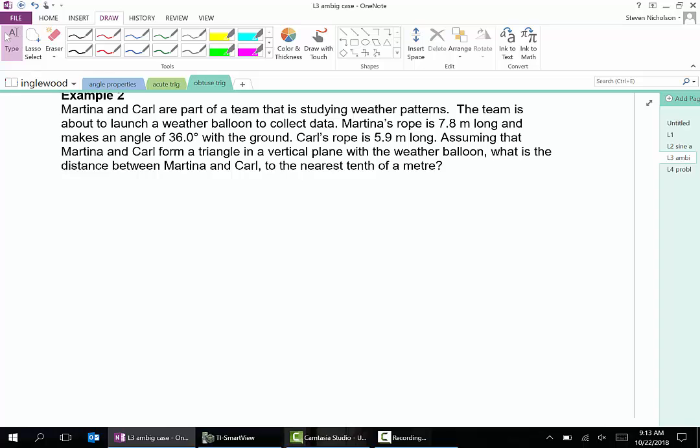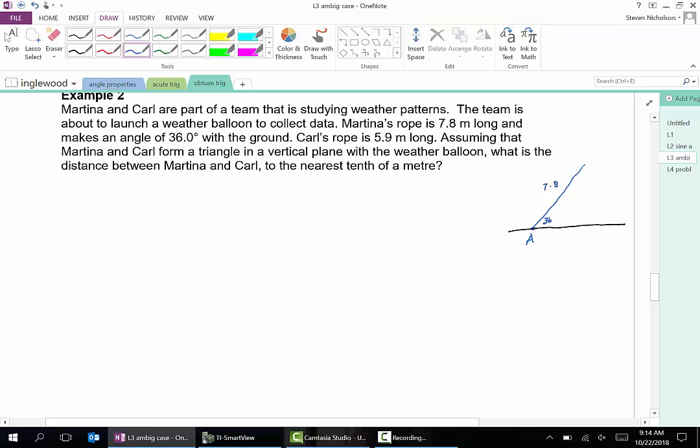So let's have a look at a quick little picture over here. Okay, here's the ground, and here is Maria right here, and she has a rope that is 7.8 long, 7.8. So I'll label this A for Maria, and the rope forms an angle of 36 degrees to the ground.